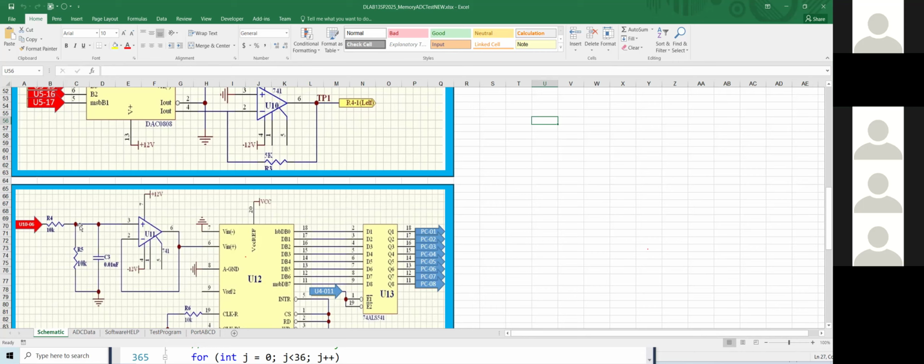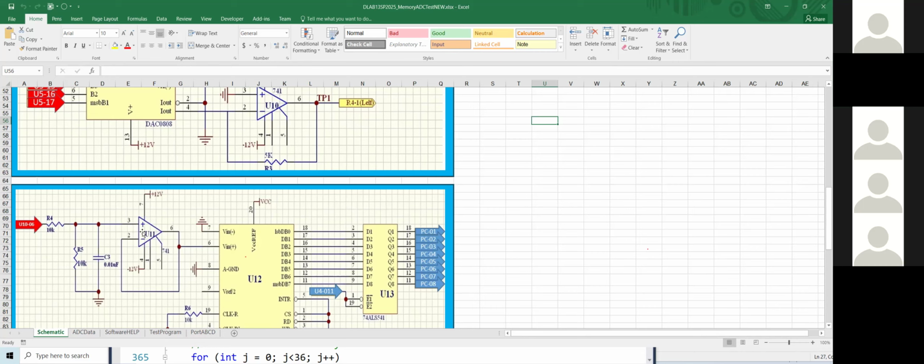Okay. And now the capacitor here. This capacitor they're adding here is to make sure that if you get 5 volt here, the capacitor will hold that 5 volt for you.